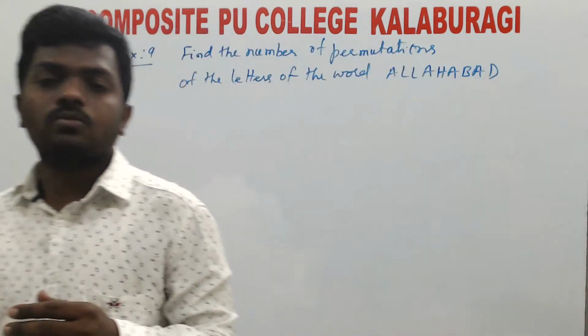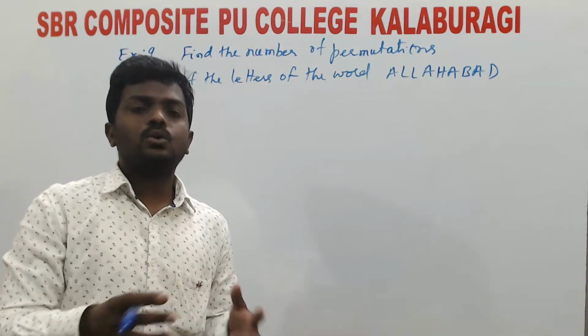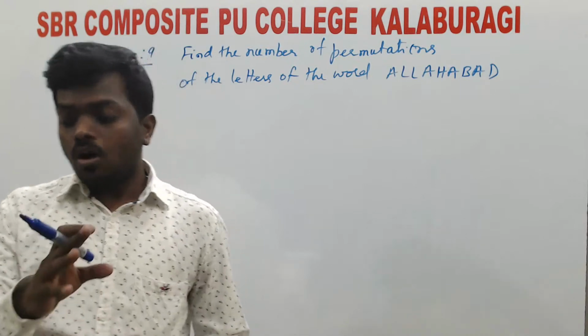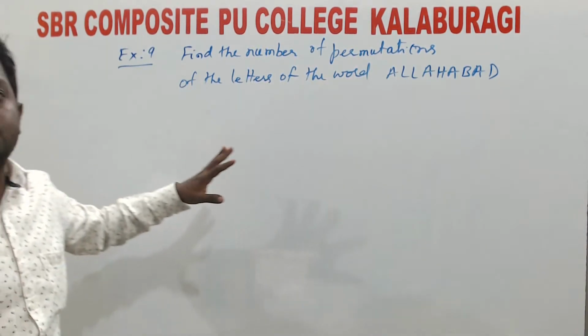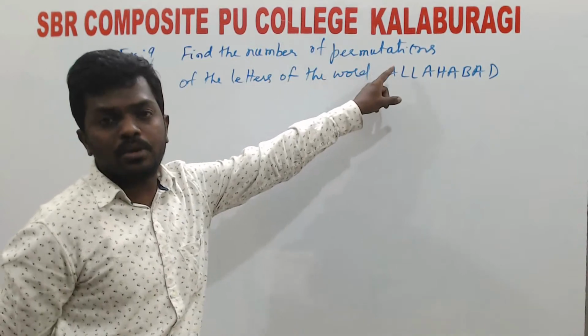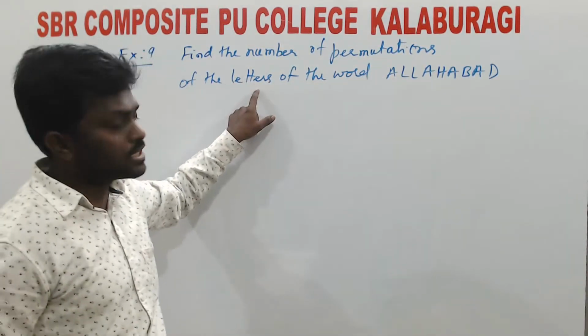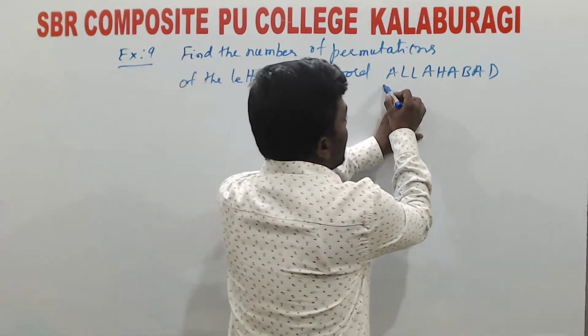Okay, so from here onwards, now you understood that there are two cases, distinct objects and not distinct objects, right? So now keep in mind, whenever the question is given, just look at the question very carefully. Find the number of permutations means in how many ways we can arrange the letters of the word, that means all the letters of the word Allahabad.